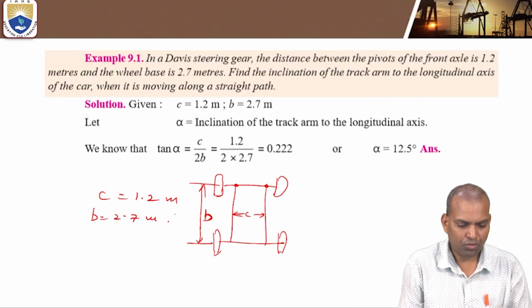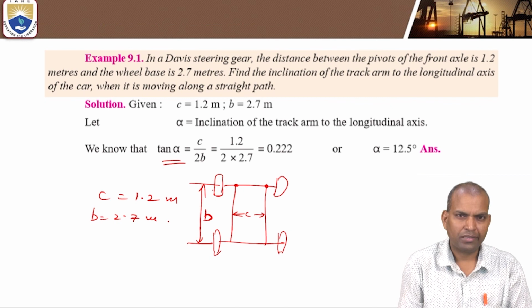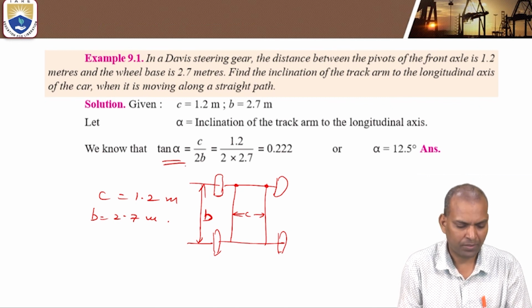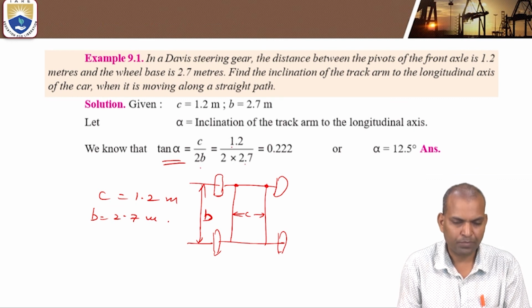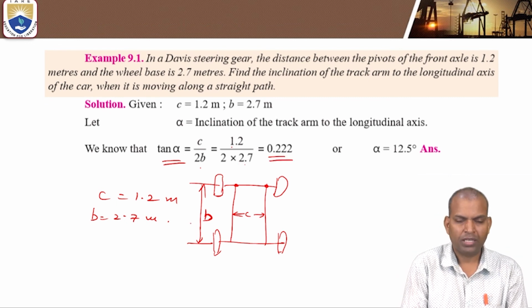That alpha, we know the formula, that is tan alpha equal to C by 2B. Substitute the values of C and B in this formula. Tan alpha equals C by 2B, where C is 1.2 meters and B is 2.7 meters. That is 1.2 by 2 times 2.7, which is 0.22. Then what is the angle?